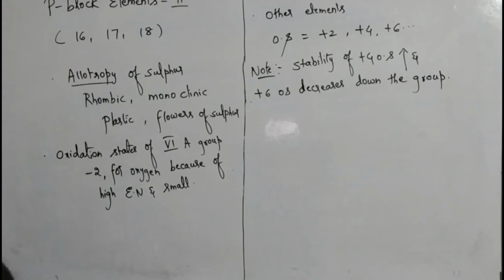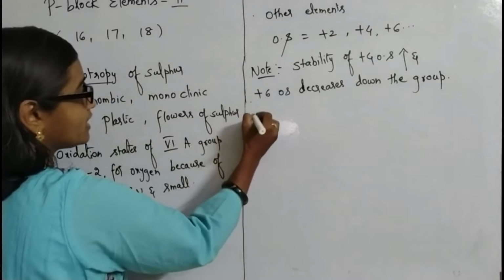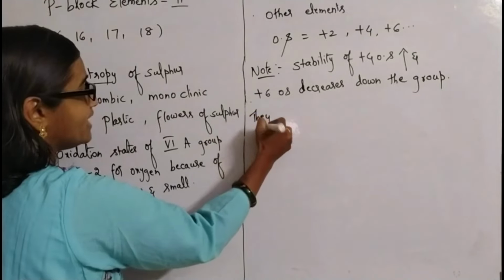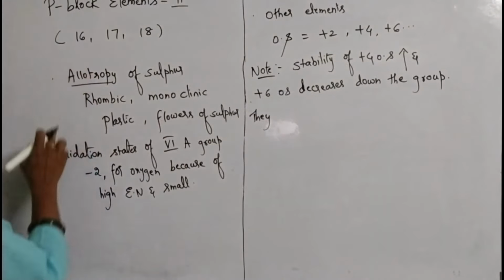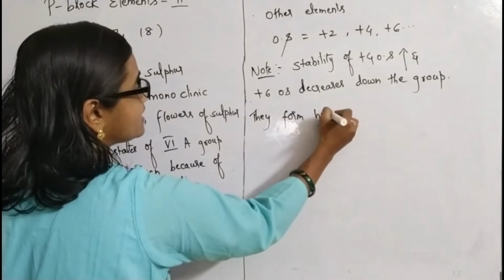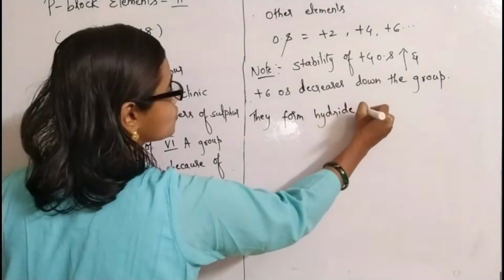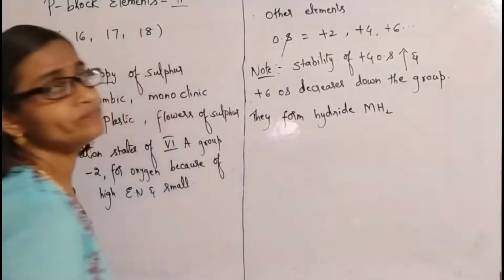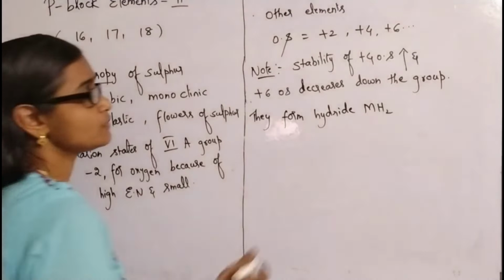Next, if you go for hydrides, elements of 16th group form hydrides of type MH2, where M is a 6A group element.